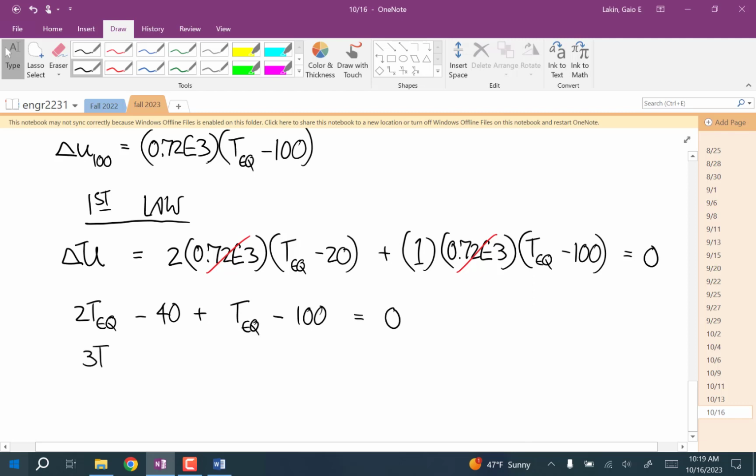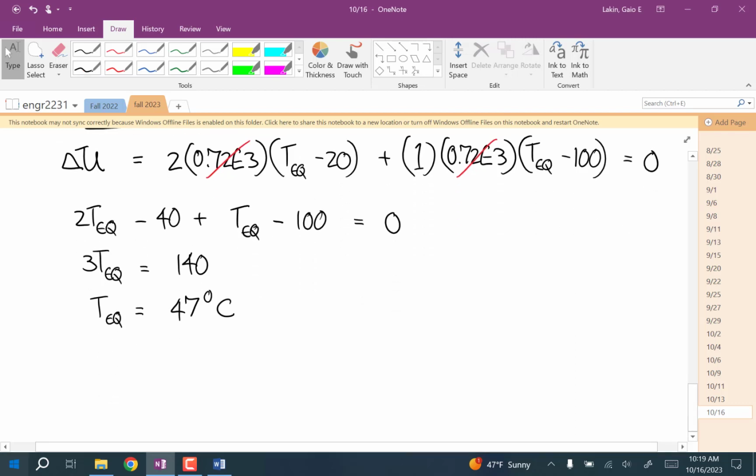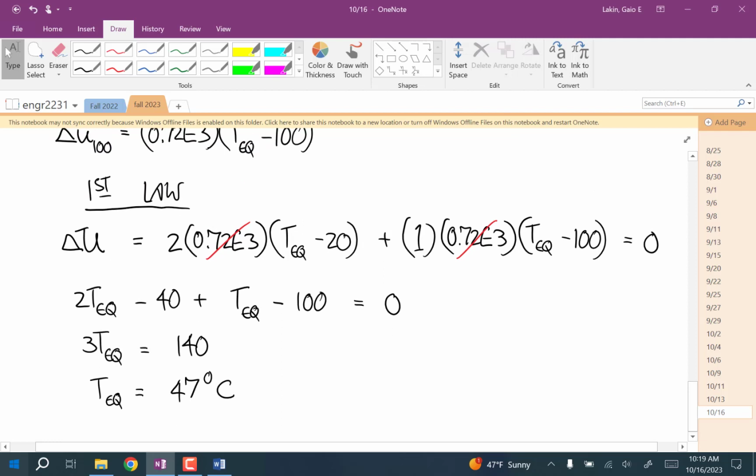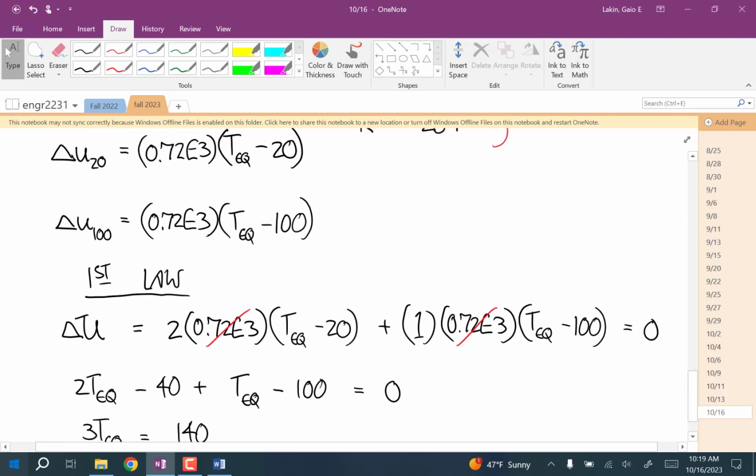So you got 3T is equal to 140, and T is equal to about 47 degrees Celsius. So any questions about that? That is exactly the way we did it for the incompressible materials.